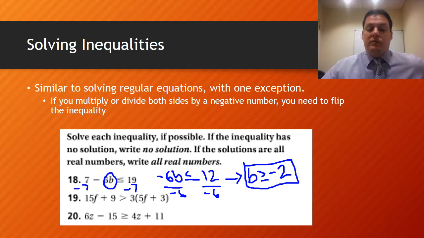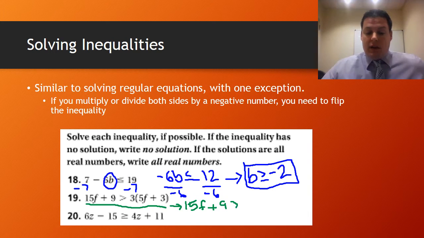Now remember, just as when we're solving equations, sometimes we need to simplify the equation first. So I'm going to rewrite this as 15f plus 9 is greater than, and I'm going to distribute this because it's going to make it easier, 15f plus 3.